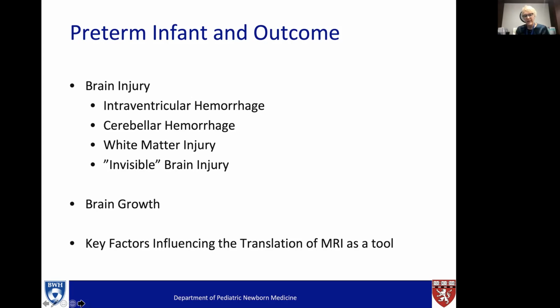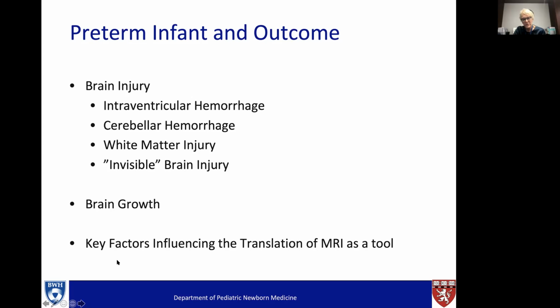We often recognize on cranial ultrasound intraventricular hemorrhage, but cerebellar hemorrhage is also very common, particularly co-occurring with intraventricular hemorrhage, and often much harder to diagnose, even with good cerebellar views with the ultrasound. White matter injury is the commonest form of brain injury in the preterm and most difficult to see on ultrasound. And then even for MR, there are so-called invisible forms of brain injury that are occurring in the cortical neurons that we need to really try and have better techniques to delineate.